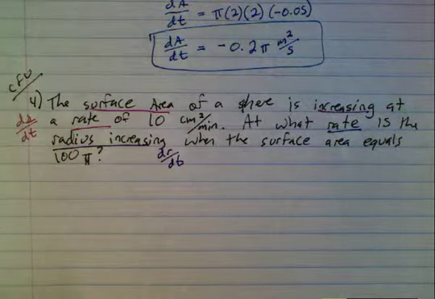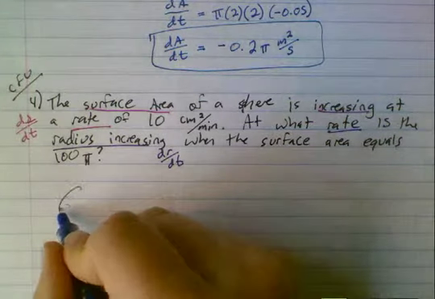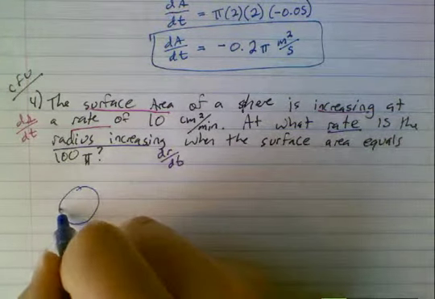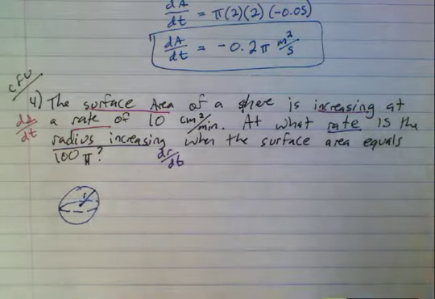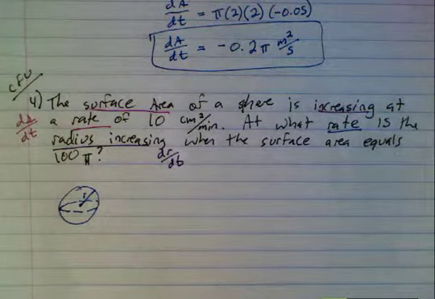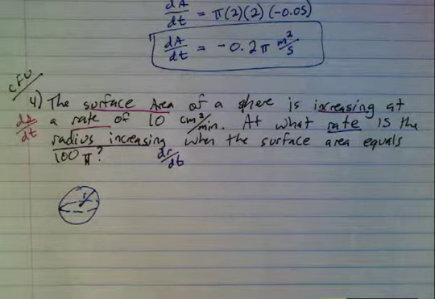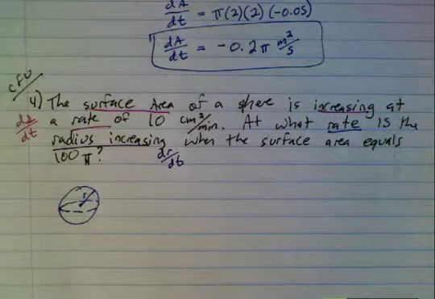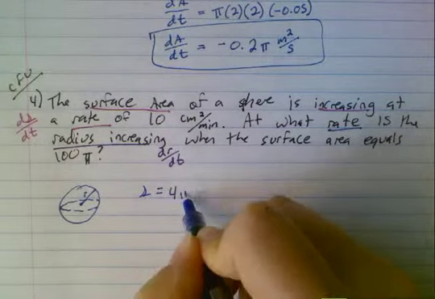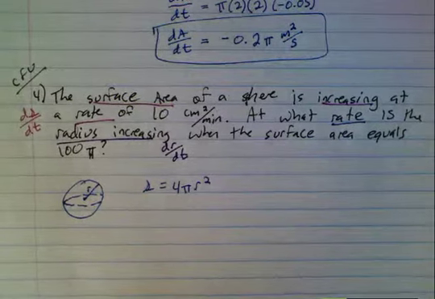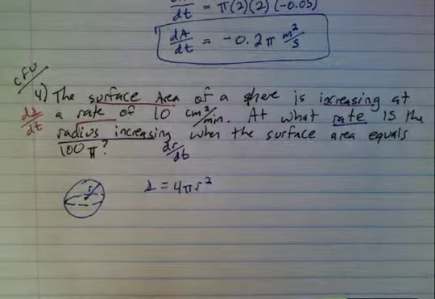So what we have is we have a sphere with some radius r. And now we need to know a couple of formulas, and I'm going to give you a list of formulas that you need to have memorized on the back. But one thing to note is that the formula for the surface area of a sphere is S equals 4 pi r squared. You just got to memorize it.